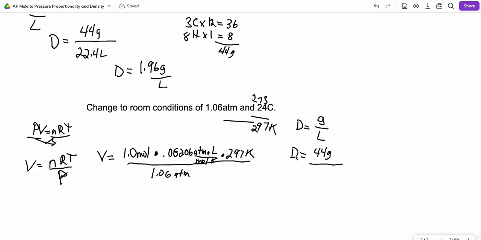So that's going to be divided by 23 liters. So density is equal to 44 divided by 23, and I get around 1.91 grams per liter. So it changed a little bit. Okay, that's how you get the density of a gas at STP and at conditions other than STP. That's it for this video.